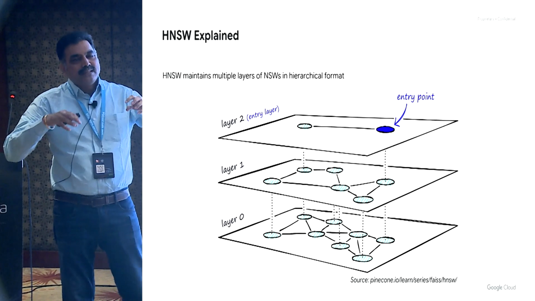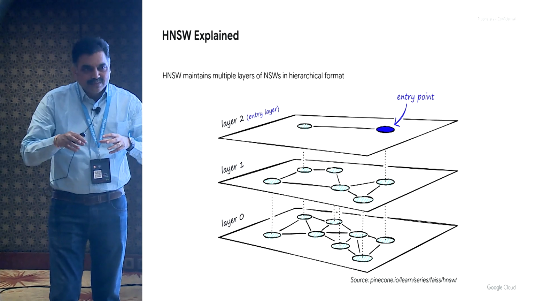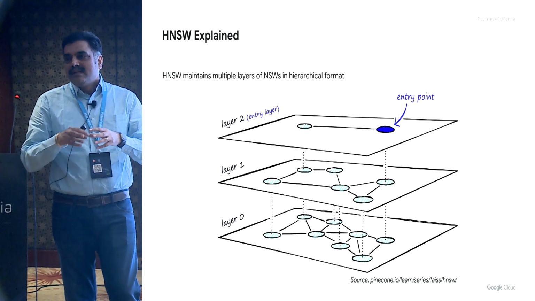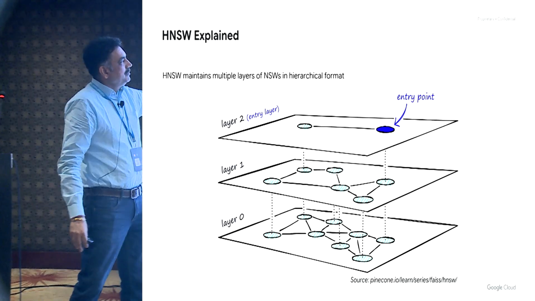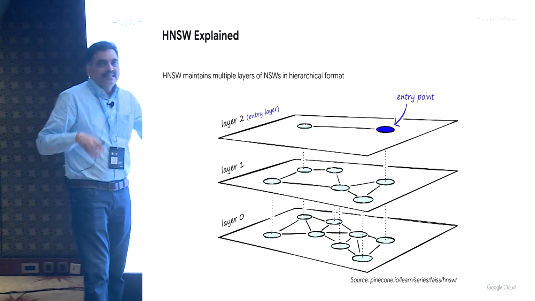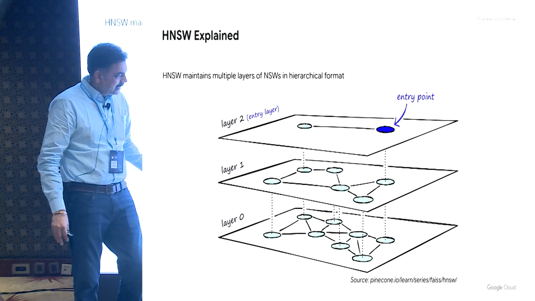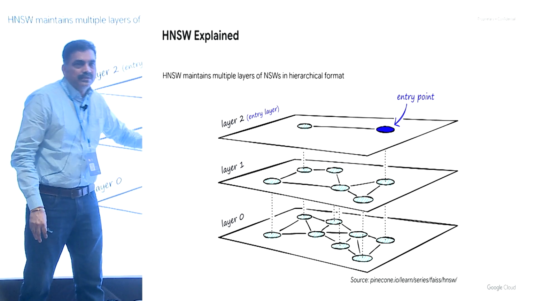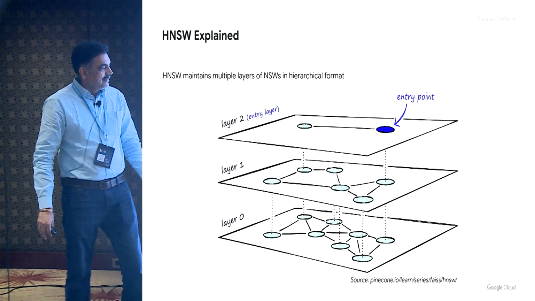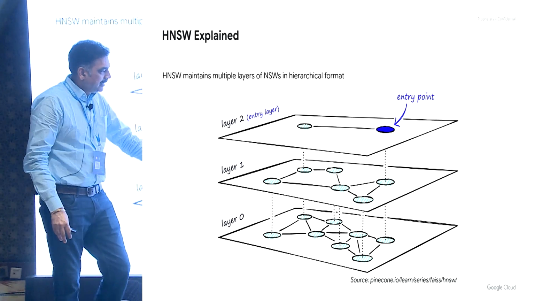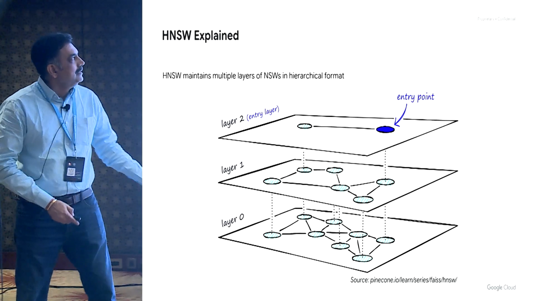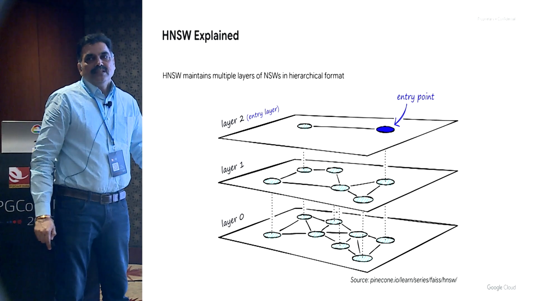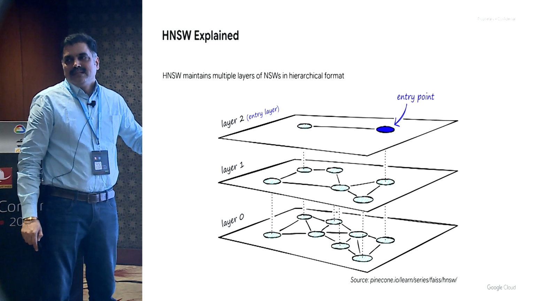Say Yeshwanthpura: you start from Bangalore, then you go to Yeshwanthpura, then you go to a specific neighborhood, say Vijayanagar. So you start from a higher level, and then you go deeper and deeper, and then you arrive at your exact search. This will be your entry point, and this will be your layer 0, where you will find your exact results. This is the HNSW technology, just a simple way to understand it.